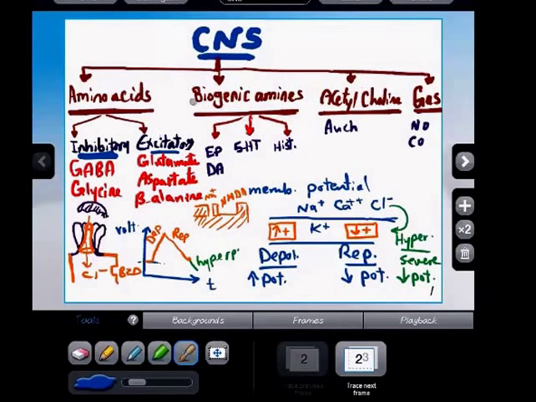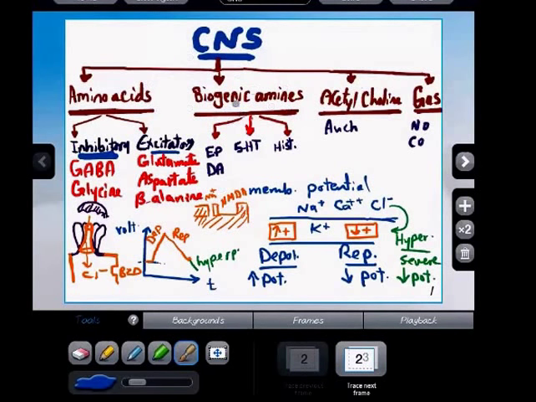That's about the amino acid neurotransmitters: inhibitory ones like GABA and glycine, which can make sedative, hypnotic, anxiolytic, and anticonvulsant effects, and excitatory ones like glutamate, aspartate, and beta-alanine that act on the N-methyl D-aspartate receptor, opening the sodium channel to let sodium influx, leading to depolarization, the excitatory effect, which is convulsion, insomnia, and anxiety.